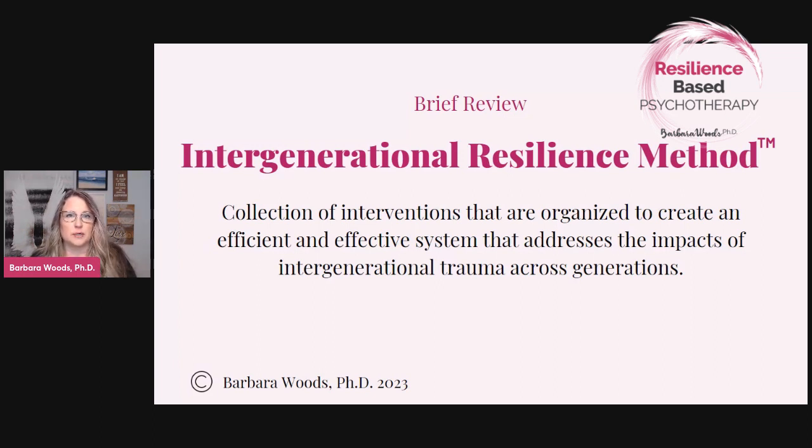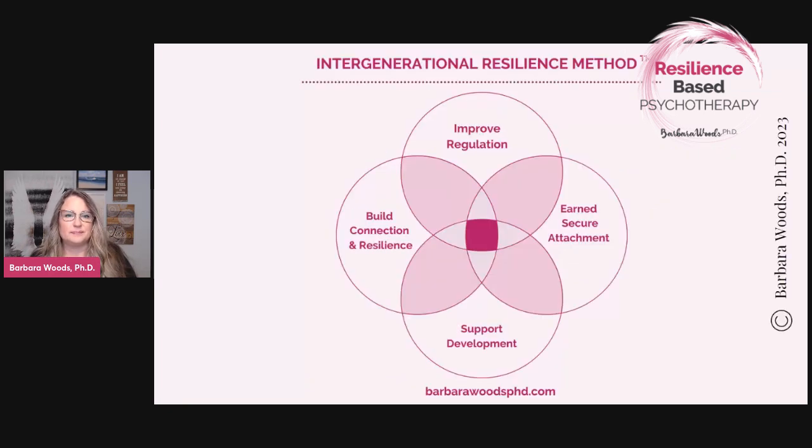It's really important that it be efficient and effective because these families have dealt with these difficulties for so long that they need relief quickly, and they need to feel that there's some forward momentum and progress so that they're more motivated and they stay in therapy and get the support that they need.